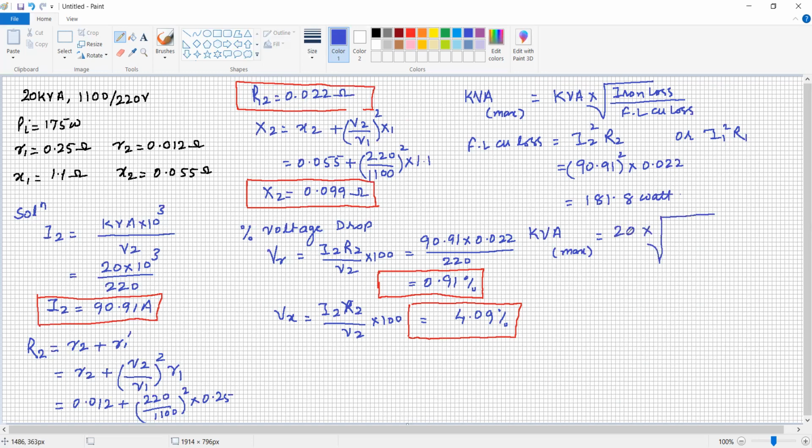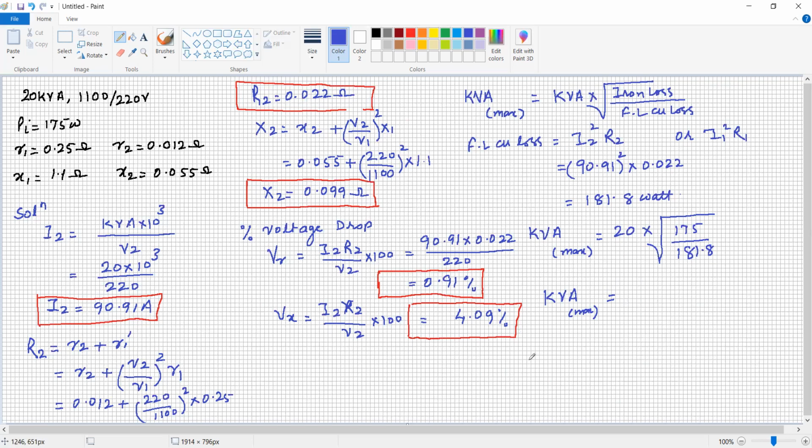Now here kVA and losses are in watt, but because of this ratio, there is no change at all. Iron losses is given 175 watt. Copper losses is 181.8. So kVA rating under maximum efficiency condition is around, just calculate by the calculator.